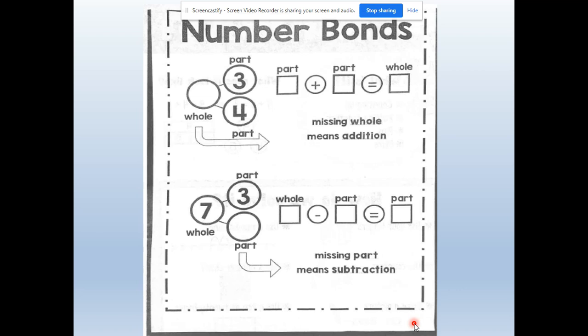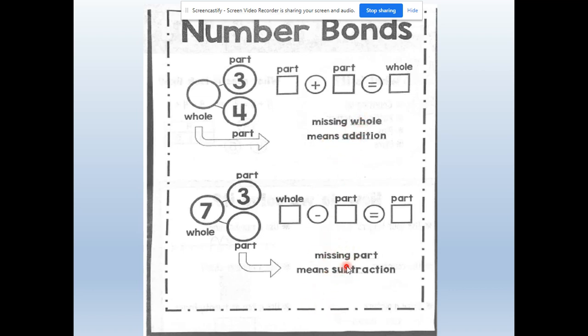If you look at this screen in your Eureka Supplements packet, you also have this anchor chart. This anchor chart will help us understand number bonds. It'll help us understand the structure of an addition sentence. If you're missing the total or a whole number, it means addition.